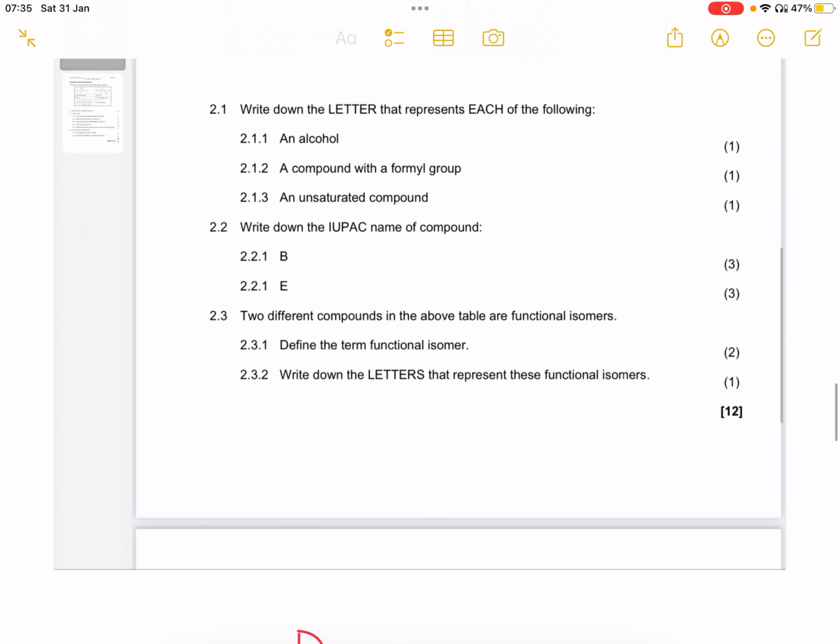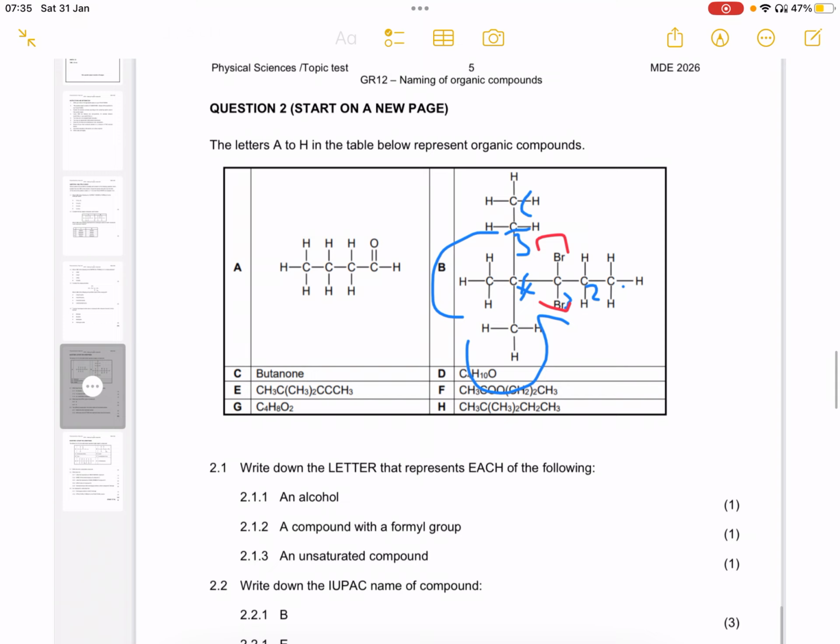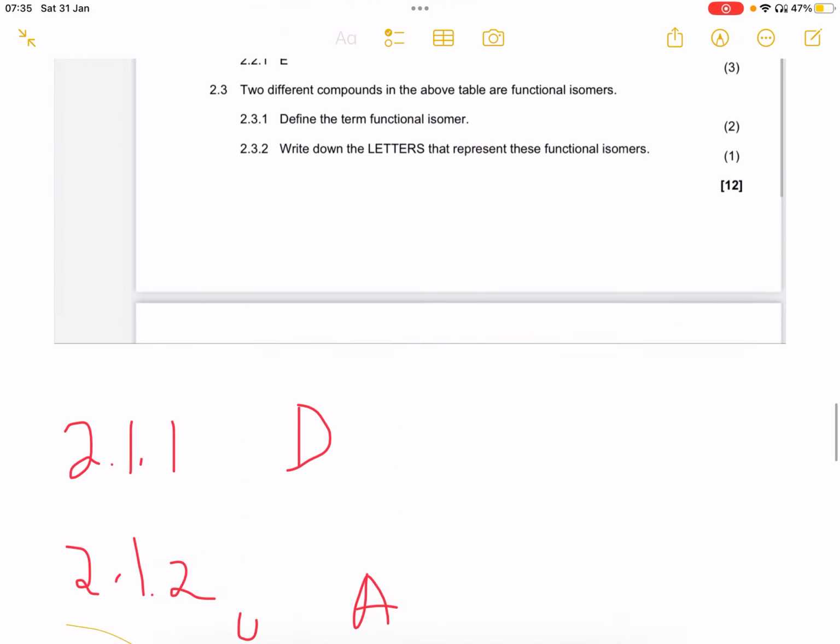2.3.2, write down the letters that represent these functional isomers. The functional isomers that I see are A and C, alphabet A and alphabet C for our structure.